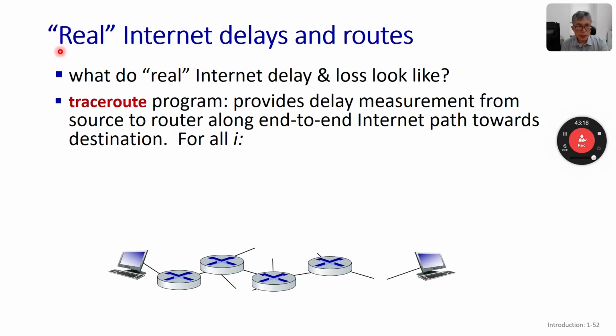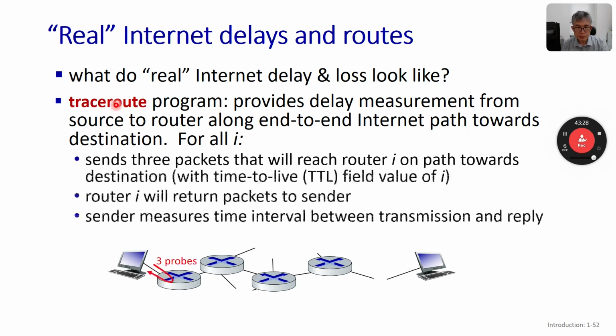Let's move on to real internet delays and routers. We measure the end-to-end delay from here to here using the traceroute program. We can use the time-to-live field value to calculate round trip time.